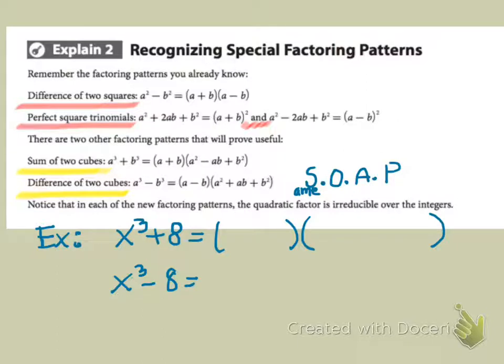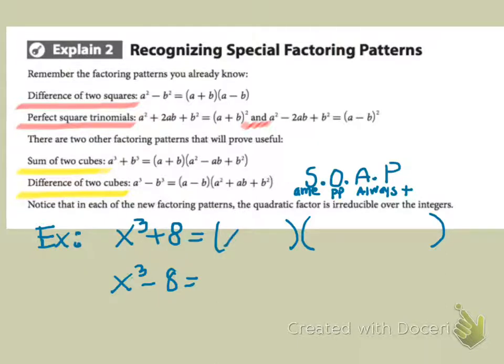That means the binomial will have the same sign as the original problem. And then O stands for opposite. So the next sign will be the opposite sign of whatever you started with. If you started with a plus, the next one will be minus. If you started with a minus, the next one will be plus. And then the AP goes together and means always positive, or always plus. So that last sign will always be a plus.